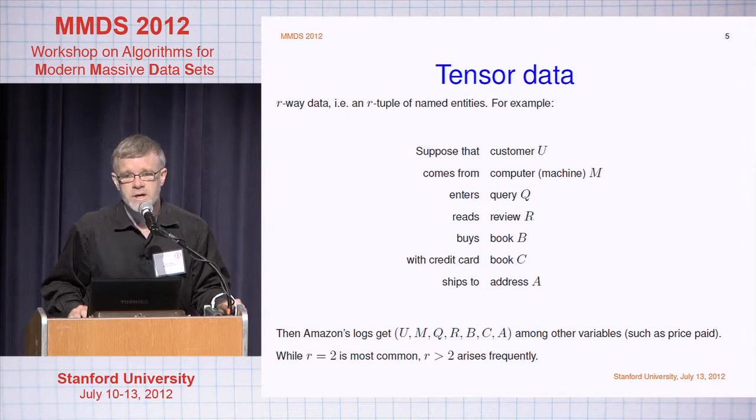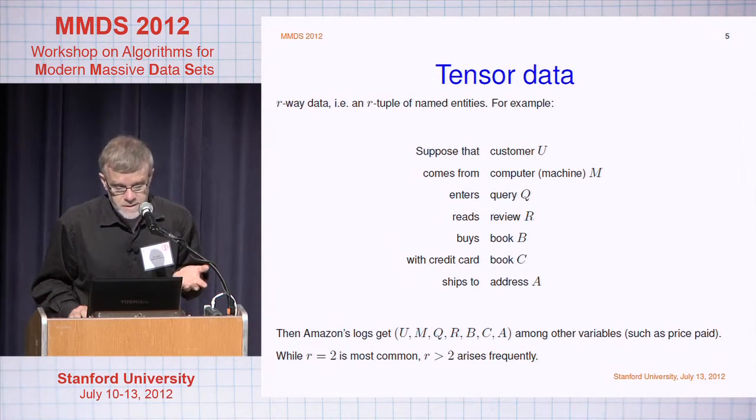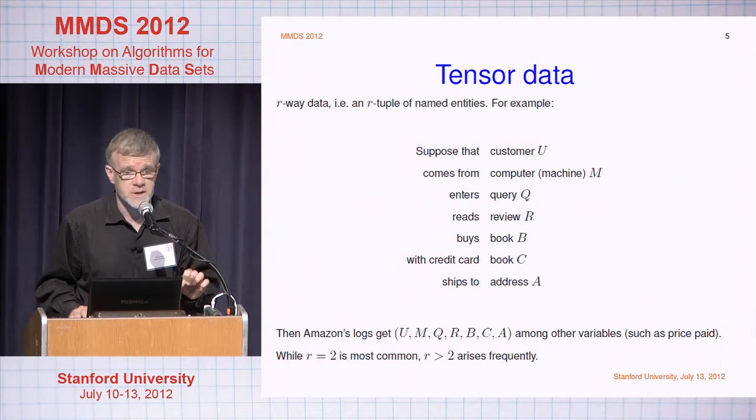So imagine that you talk to your friends at Amazon, and some customer U comes in from a machine with IP address M, they enter a query, they look at a review, they buy a book, they use a credit card, and so forth, and you get a tuple, maybe 5, 6, 7 of these entities attached to every dollar value or unit count or timestamp. So you can easily get to more than 2 dimensions, although 2 is the usual.